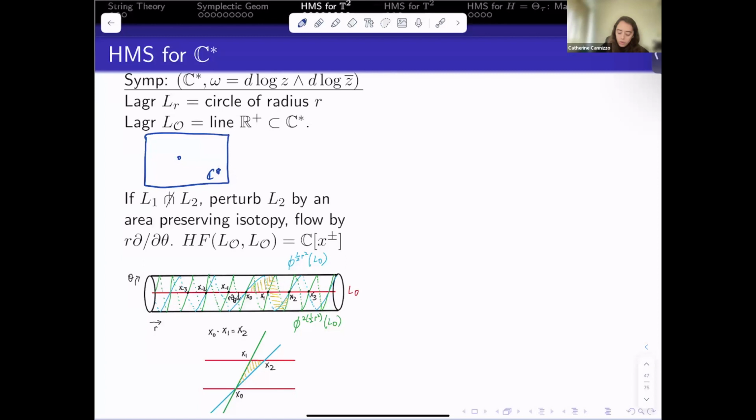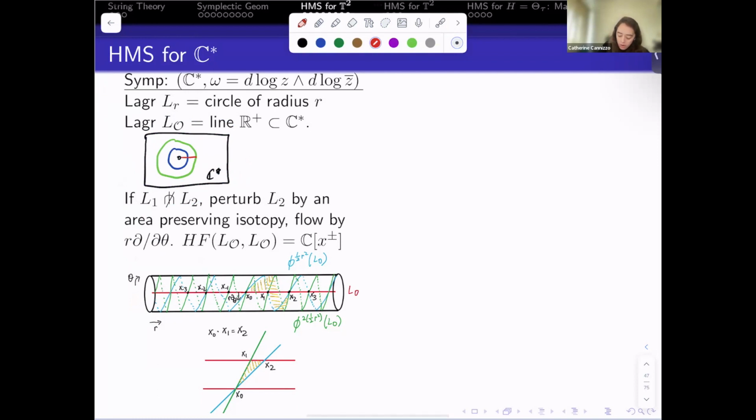We look at 2 types of Lagrangians. One is circles of a fixed radius around 0. These are curves in the surface, so they're all Lagrangian. Another is the straight line, R plus. So we have here maybe the outer one L_R2, the inner one L_R1, and then the straight line.